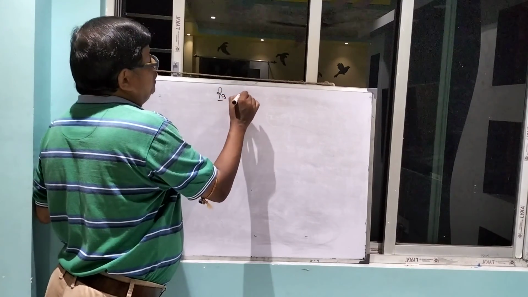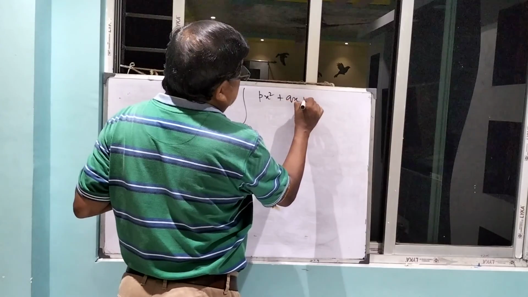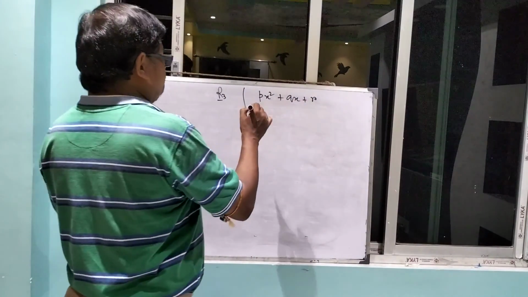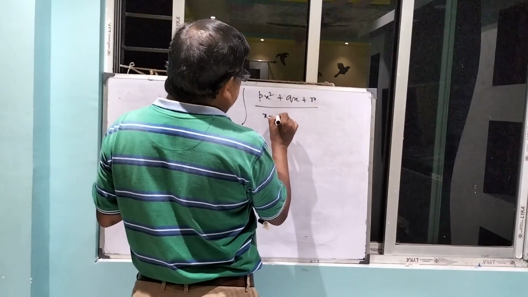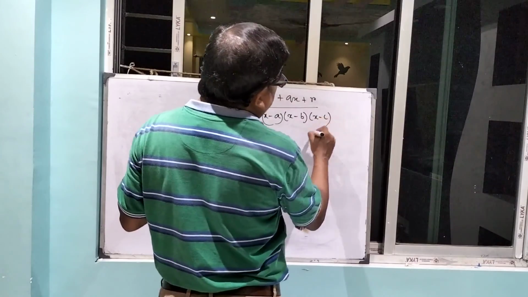Now rule 3. Suppose px square plus qx plus r by x minus a, x minus b, x minus c, dx is given.